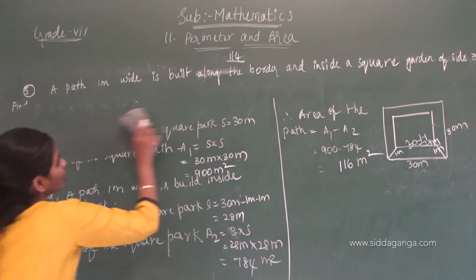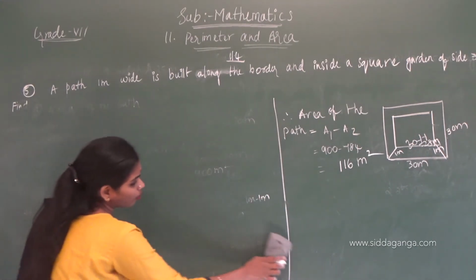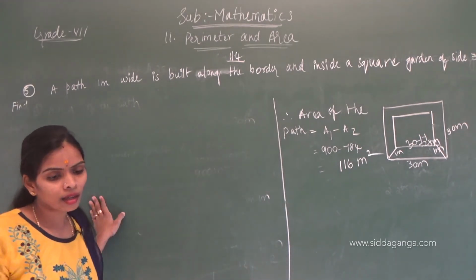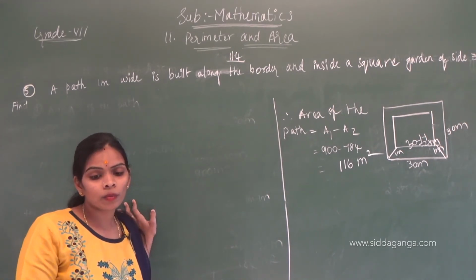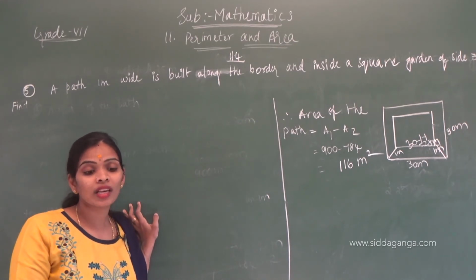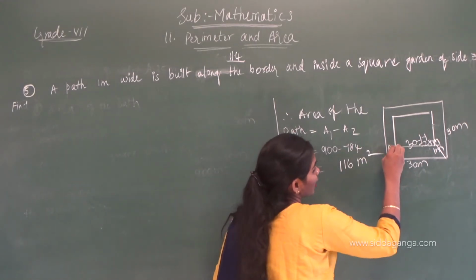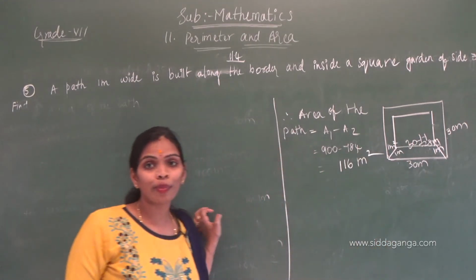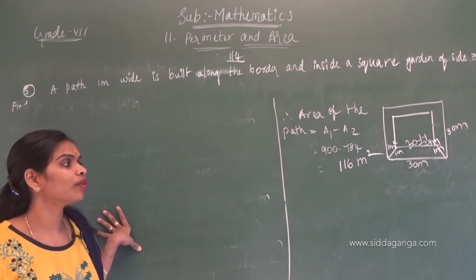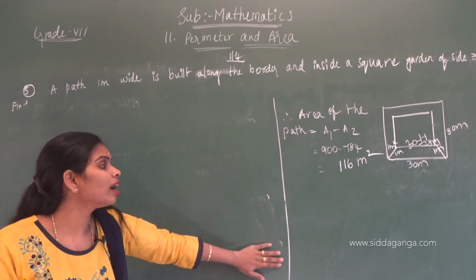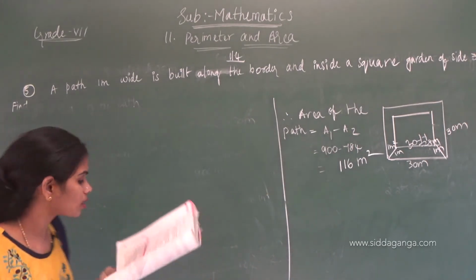Next, in the B question they are asking, they wanted to plant grass in the remaining portion of the garden at the rate of rupees 40 per meter square. For 1 meter square the cost is 40 rupees, and they wanted to plant the grass. We have to find how much cost it will take. Just you have to write, first write the question.